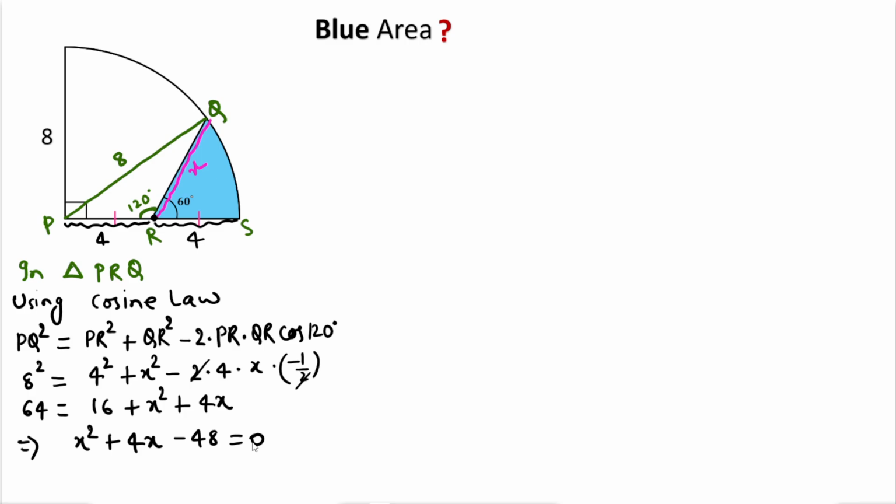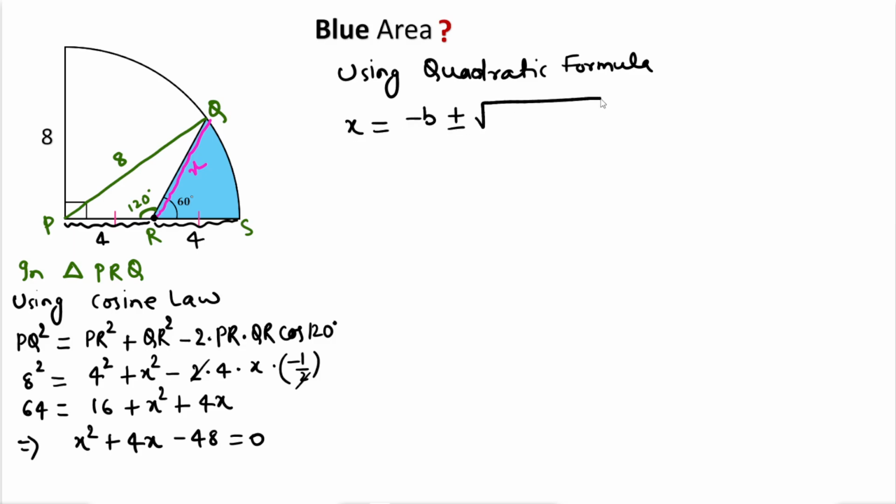Now after that we will solve using the quadratic formula. That is, we can write here x equal to minus b plus minus under root b square minus 4ac by 2a. This is the quadratic formula. So we can write here in place of b, that is plus 4.